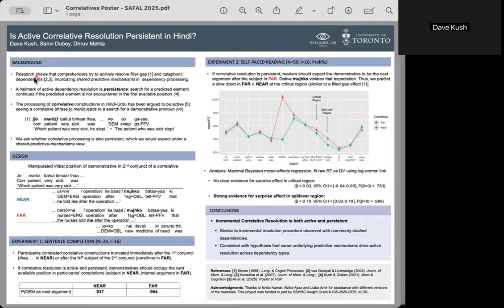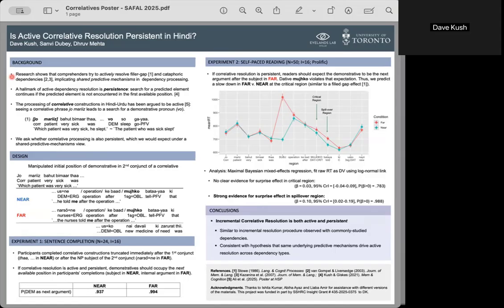Okay, so starting off, research shows that comprehenders try to actively resolve filler-gap and cataphoric dependencies. When we say active, we mean that comprehenders posit an expected element in the closest upcoming position without waiting for bottom-up confirmation that their analysis is correct.